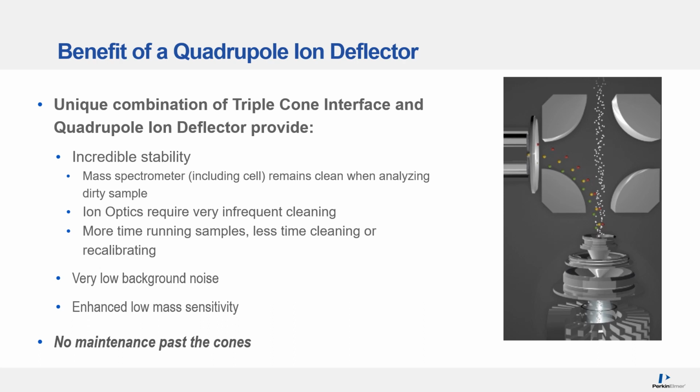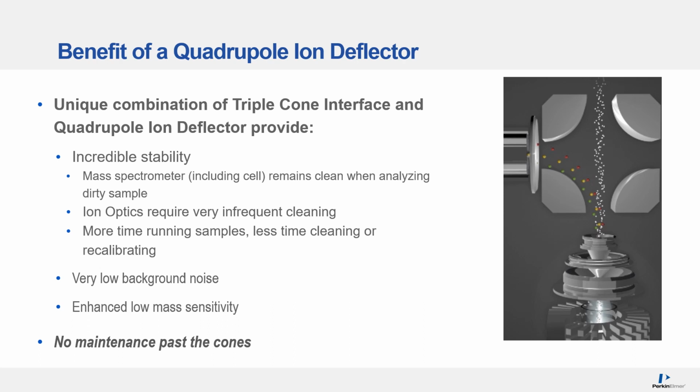Once entering the quadrupole ion deflector immediately behind the triple cone interface, we begin to separate the unionized neutrals or photons from the ions of interest. The ions of interest are then bent 90 degrees. All of the unwanted material that would contribute to a background is then sucked out into the vacuum.